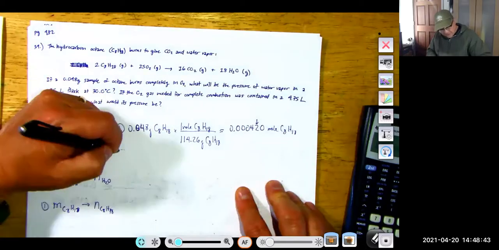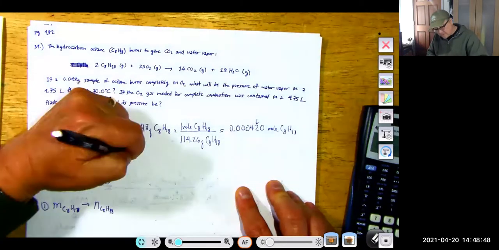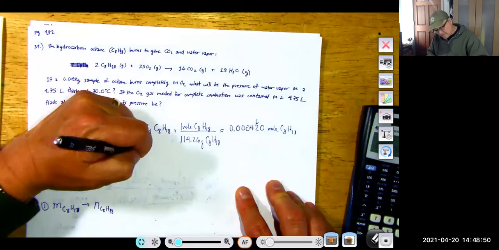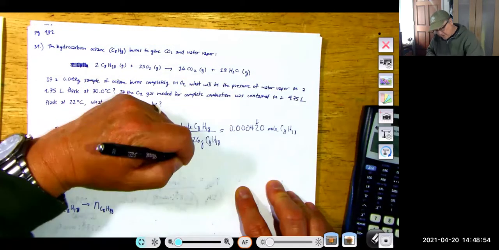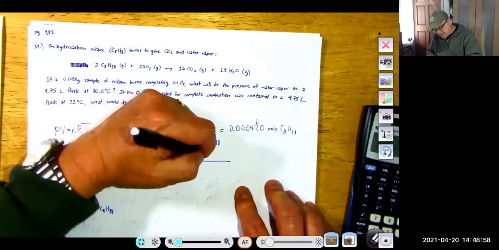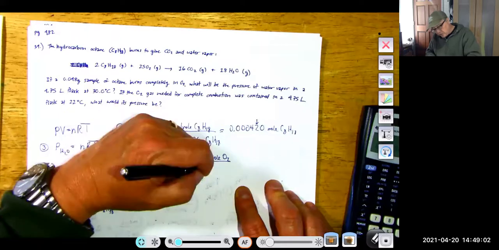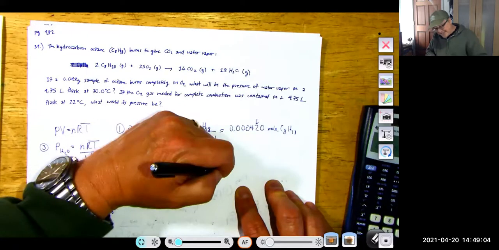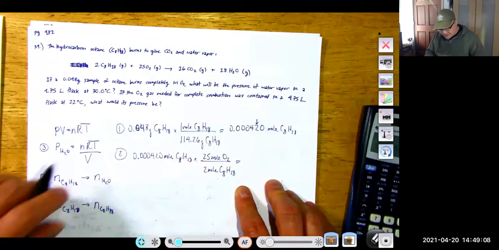Number 2, I'm going to get the moles of H2O. According to the balanced reaction, 25 moles of O2, right? And 2 moles of C8H18. Now, can we estimate this answer?